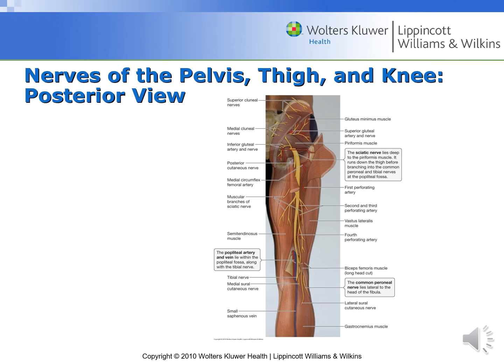We see the first perforating artery, the second and third perforating artery, the vastus lateralis muscle, the fourth perforating artery, the biceps femoris muscle, long head, and of course this is a cut view, and we see the common peroneal nerve which lies lateral to the head of the fibula. And finally, we also see the lateral sural cutaneous nerve and the gastrocnemius muscle.